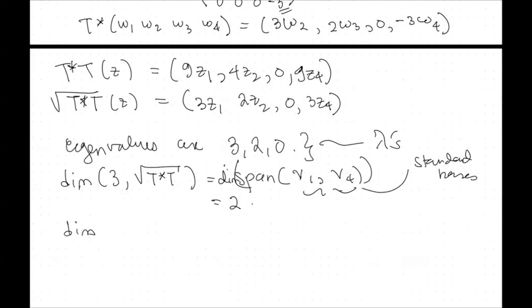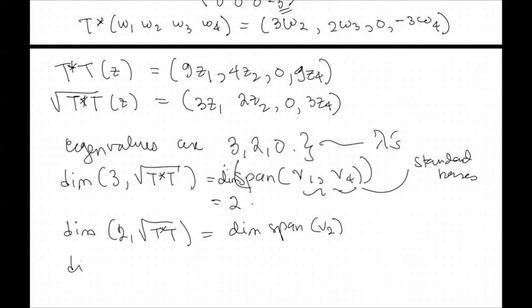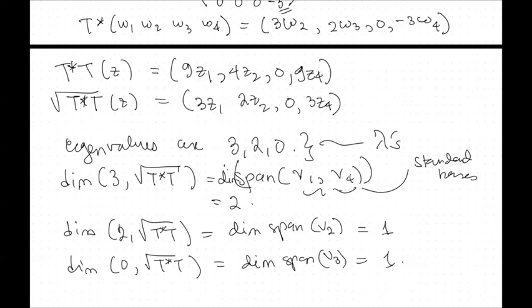For 2, the dimension is that of the span of V2. And for 0, the dimension of the span of V3. These are each dimension 1.